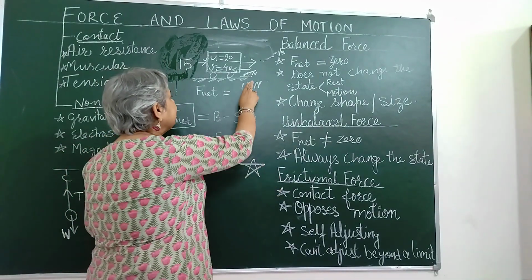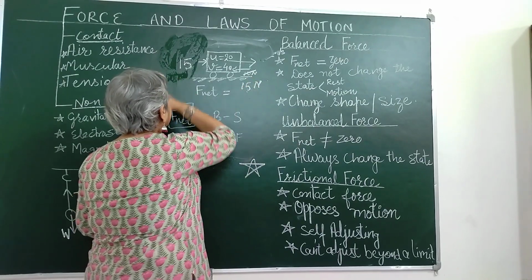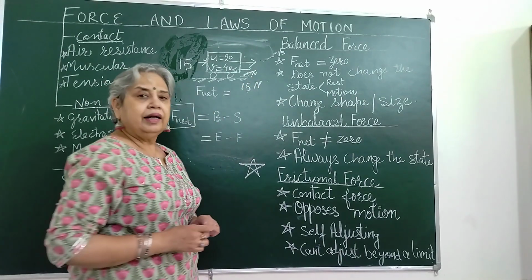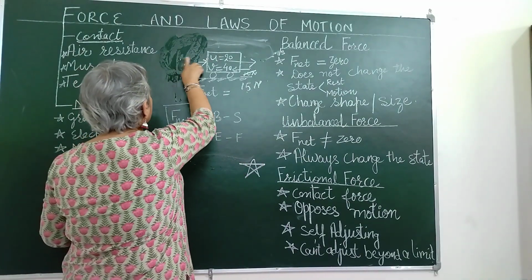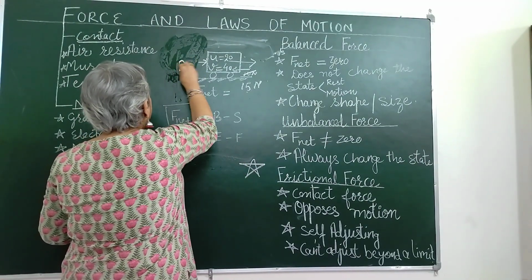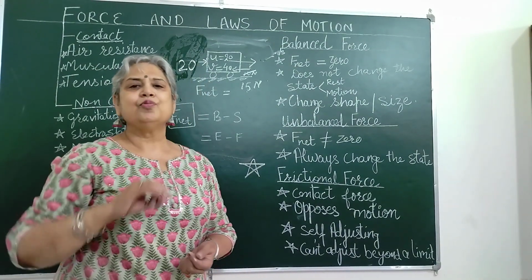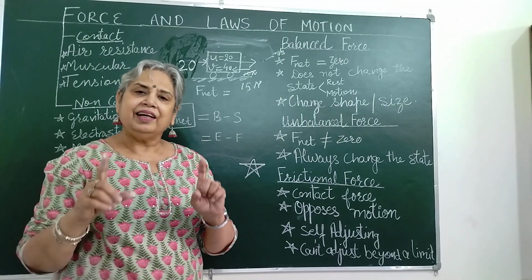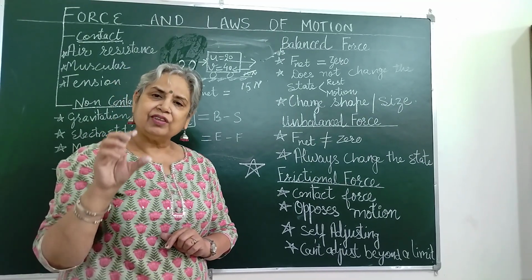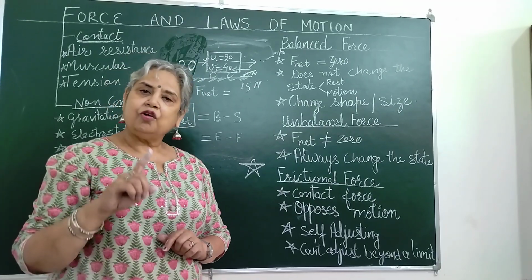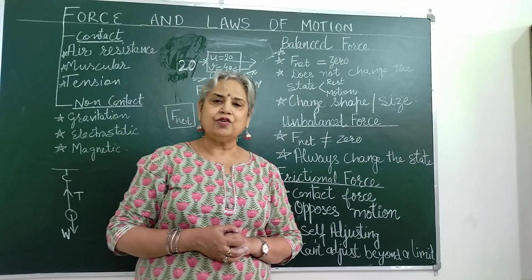It means friction has also increased from 10 to 15. And then we further increase from 15 to 20. Now the object starts moving. It means friction is able to self-adjust up to a certain limit. So that is all about balanced and unbalanced forces. Thank you so much.